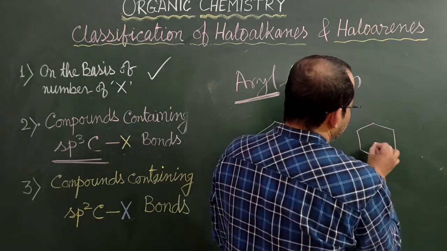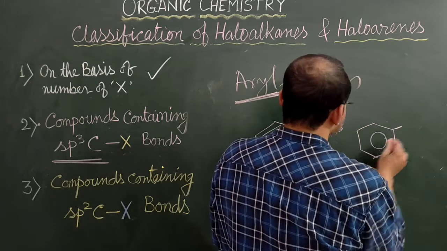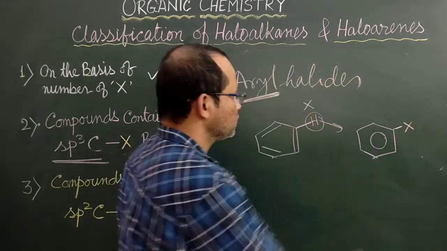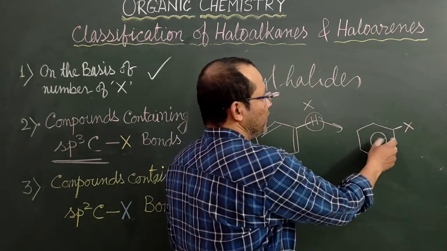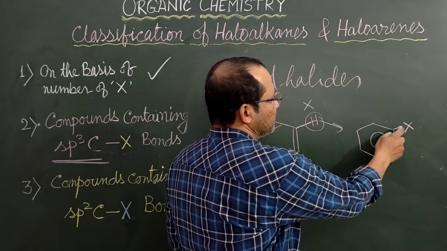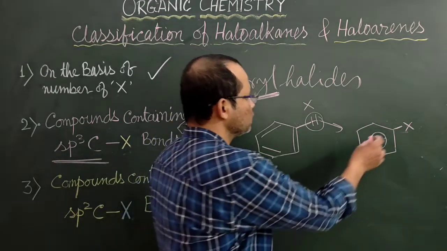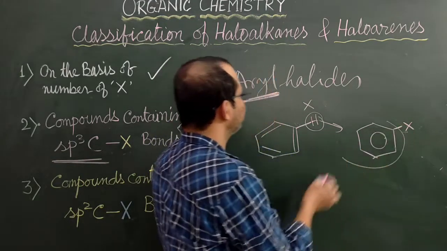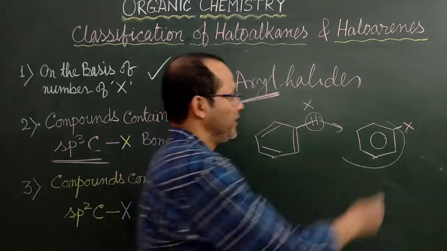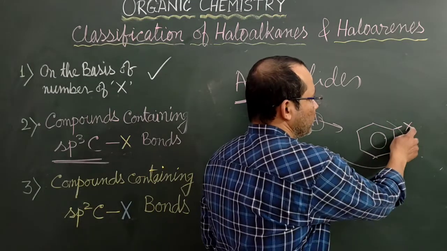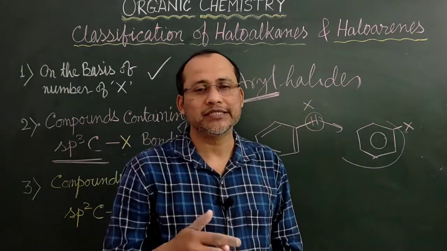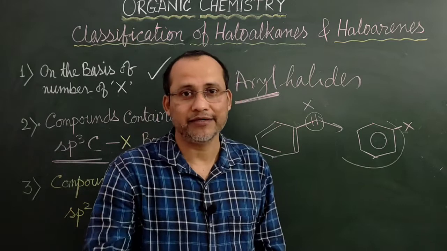The product will be this one. So this is one compound where the benzene ring directly contains the halogen atom, and this group is known as aryl group, and with this aryl one halogen is there, so this is aryl halide.